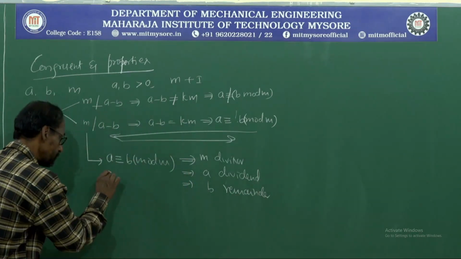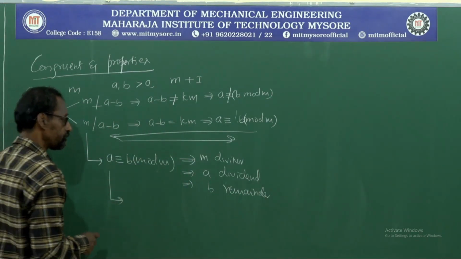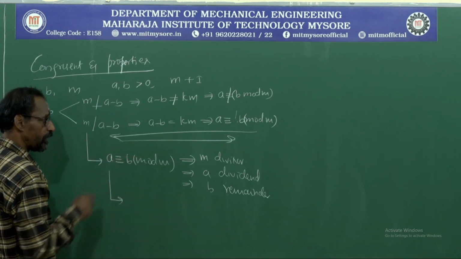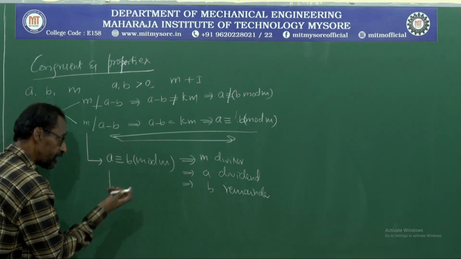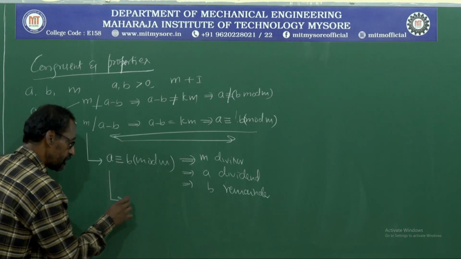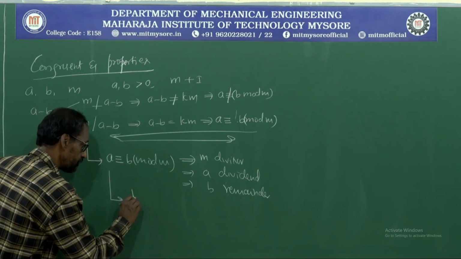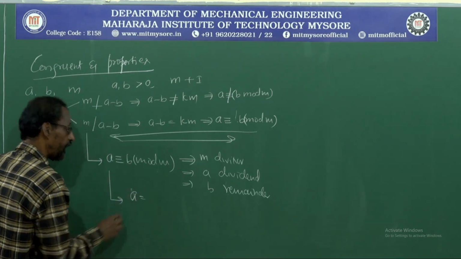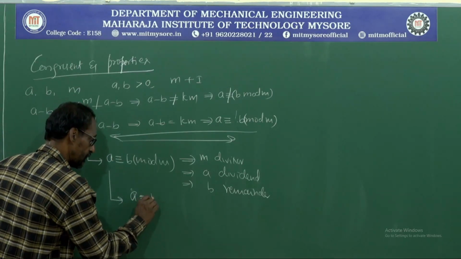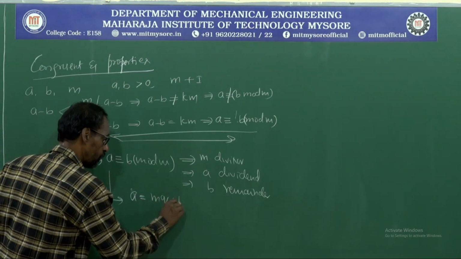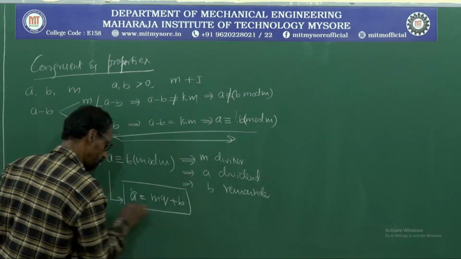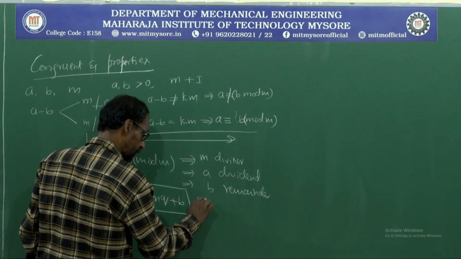That means if a is congruent to b modulo m, we can express it using the relation a equals m times q plus b. This is the basic division algorithm.